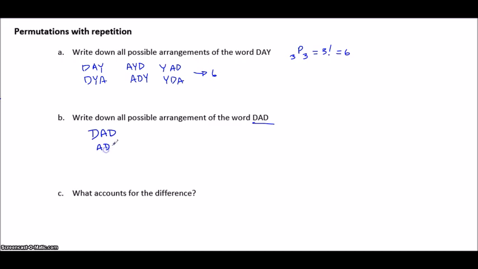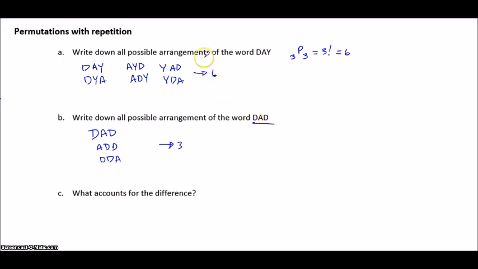We can do add, and we can do DDA. But if we try and write any other ones, we're going to come up with versions of the same thing. So in this case, we're only going to have 3 different word arrangements that we can make with these 3 letters, D, A, D. And so the question that might strike you here is, well, what accounts for this difference?